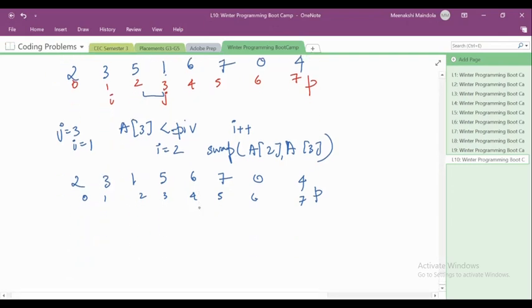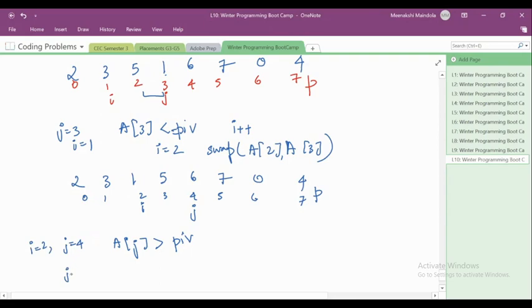What do you have now? You have j at 4, right? And where is i? i is here. Again, you compare a of j. Now, a of j is greater than the pivot element. So, in this case, what do you do? You do nothing and increment the value of j.